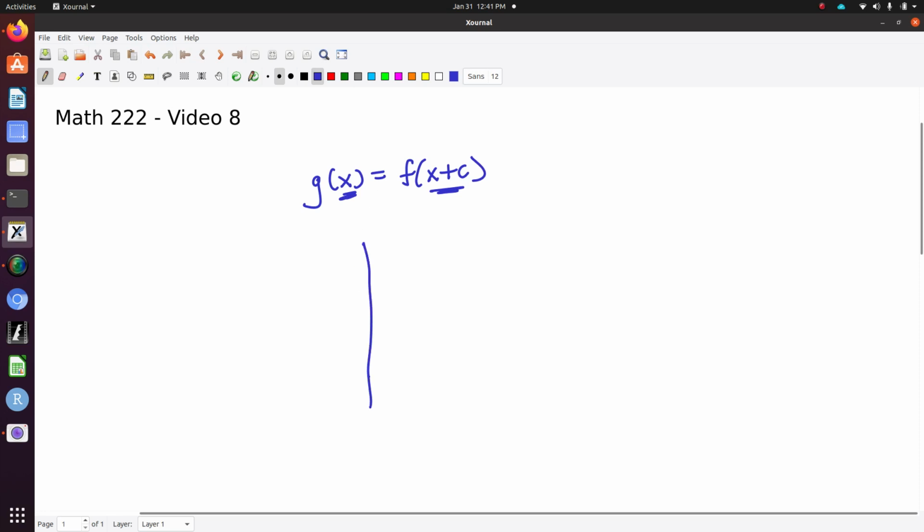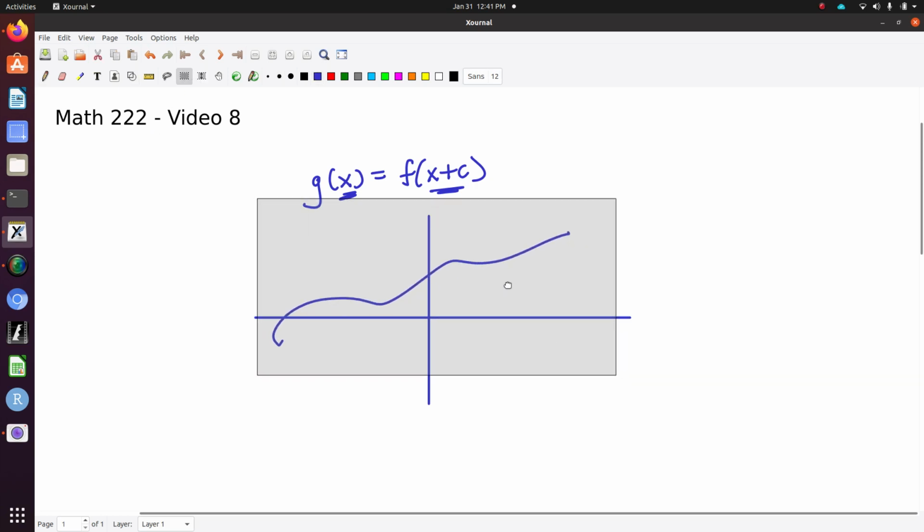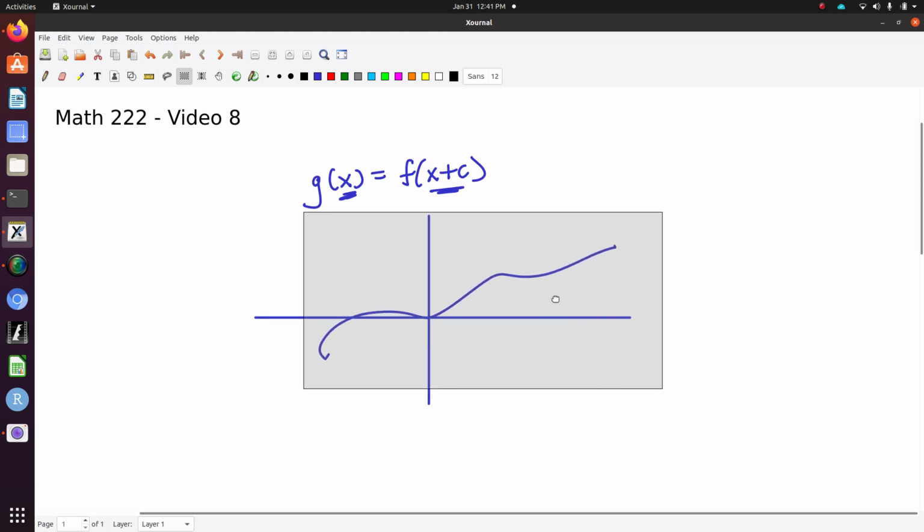I'm sorry, the derivative. So for example, if you had a function g of x, here's g of x, then literally f of x and g of x are only shifted left and right. So you see, it's not actually going to change anything except where it occurs. However, that's sometimes hard to visualize.